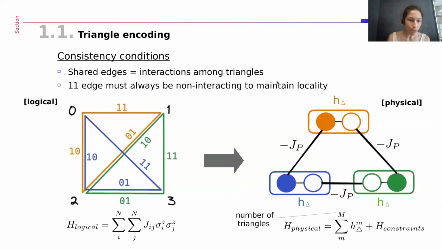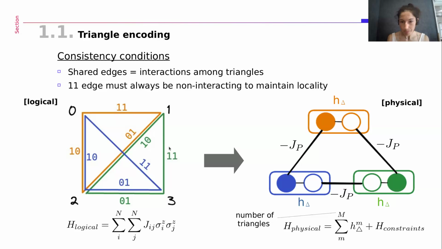Okay, so with this, let me point out that the 1-1 edge, because of the 0-0 choice that we made before, must always be chosen such that it's non-interacting to maintain this two-local constraint.